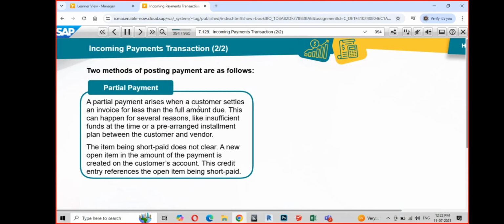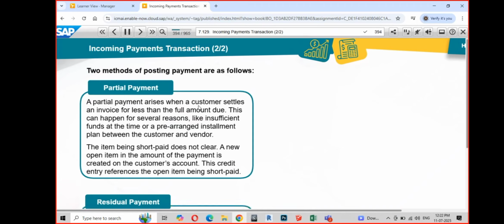Now, typical business scenarios. Whenever you want to release payments to your vendors, suppose the invoice is say for 1 lakh rupees and you have some 5 or 6 invoices of more than 1 lakh. Suppose you're releasing the payment for an invoice worth 1 lakh.